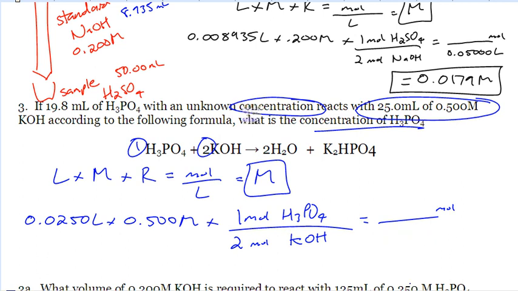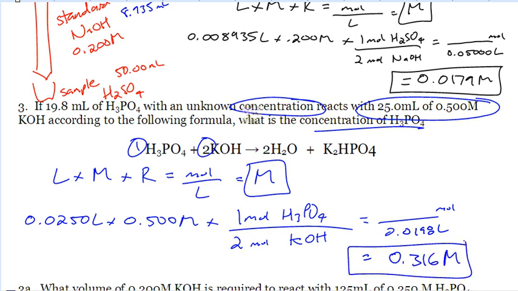I'm used to doing it in milliliters. 0.0198 liters. Then we'll be done. 0.025 times 0.5 divided by 2 divided by 0.0198 equals 0.316. And that is rounded to 3 sig figs, which is what we need.